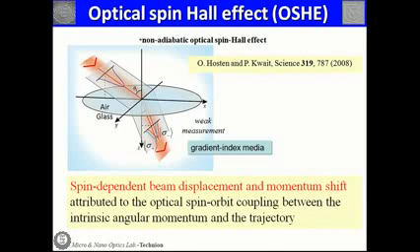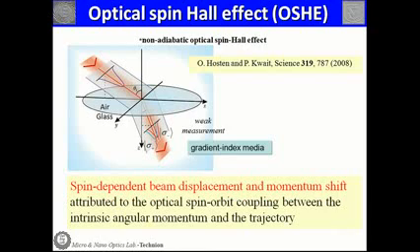Hasman and White published in Science a very important and nice paper about observation of the non-adiabatic optical spin Hall effect based on weak measurement. They observed a spin-dependent deflection of the confined beam refracted from the interface between air and glass.